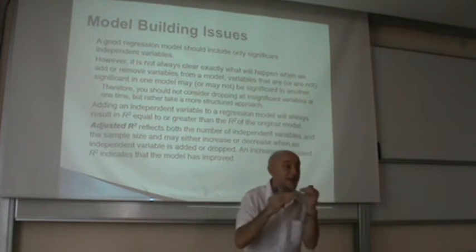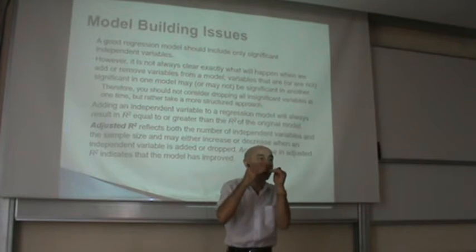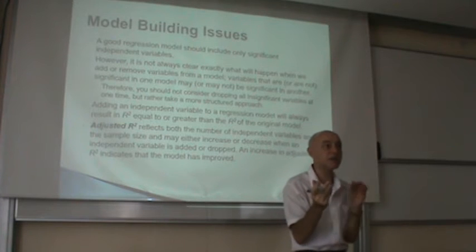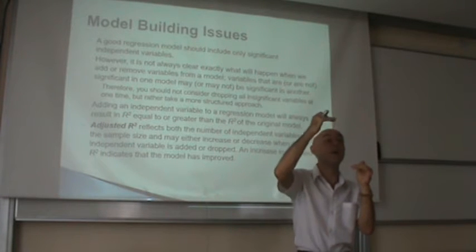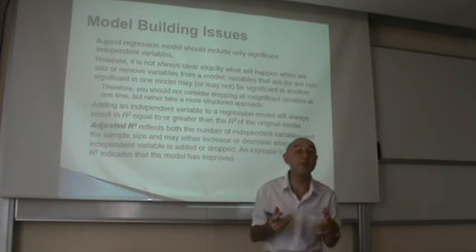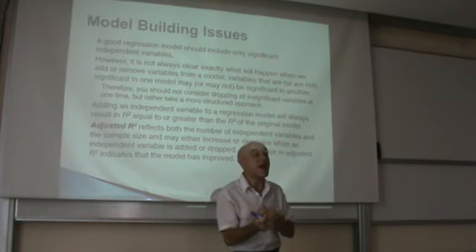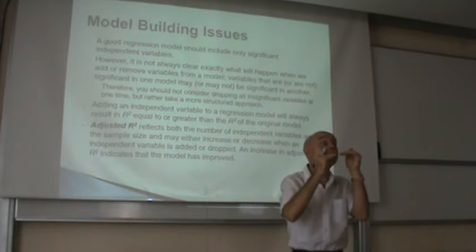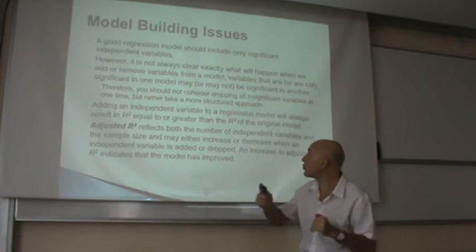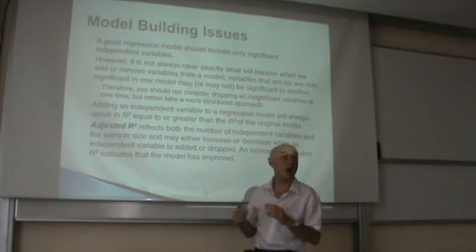The question is, does it improve by a little bit, by pure chance, or does it improve a lot because the variable is really significant and important? And that difference in improvement you will capture with the adjusted R squared.